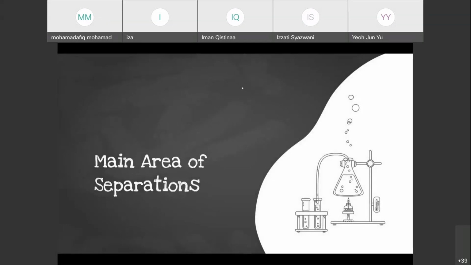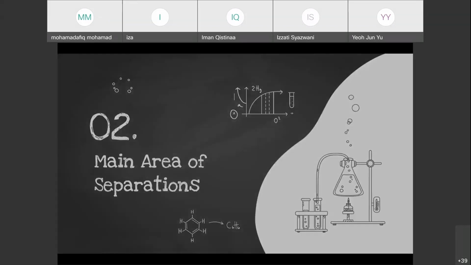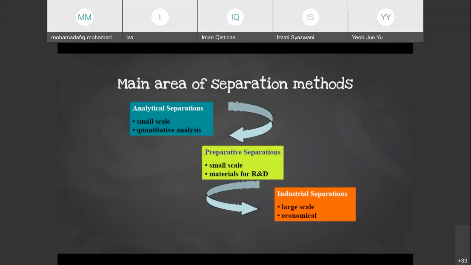So no questions so far? Okay, so next we go to our second outline, which is we will look into the main areas of separation. We can divide it into 3. We have the analytical separation, meaning you do it in the lab for analysis purposes, for training purposes.